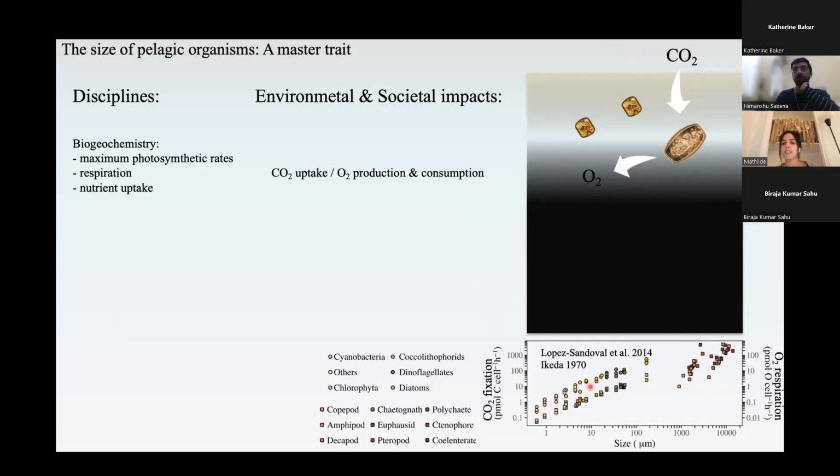You see that the amount of carbon per cell produced by photoautotrophs usually scales with size, but it's also the same for respiration and production of oxygen by the same autotrophs, but also heterotrophs, as well as nutrient uptake, which also usually scales with size. So this all, of course, has an impact on the global CO2 uptake and oxygen production and consumption, and like all the OMZ, etc.